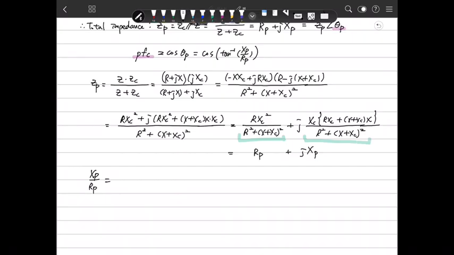So that result is R XC over R squared plus XC and X. So that will be tangent arc cosine PFC, and that will be derived based on these relations.